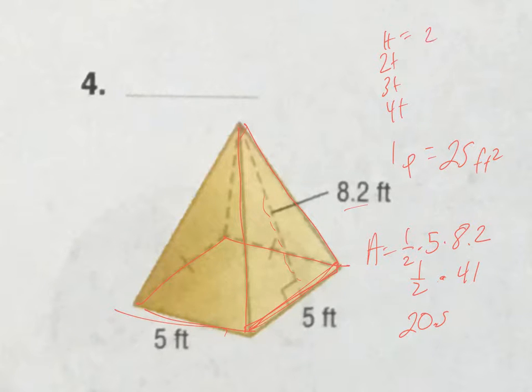So all 4 of these are 20.5. The way I do it is I do 20.5 times 4 equals 82. That's all these. Plus my 25 gets me a total of 107. And the unit is feet. And it's squared because it's area.